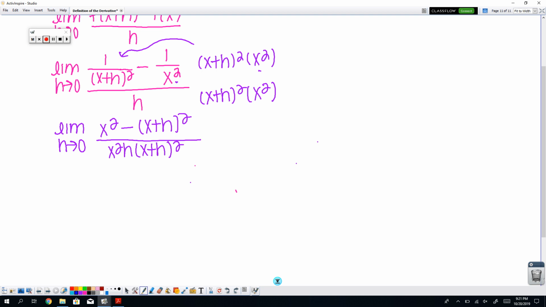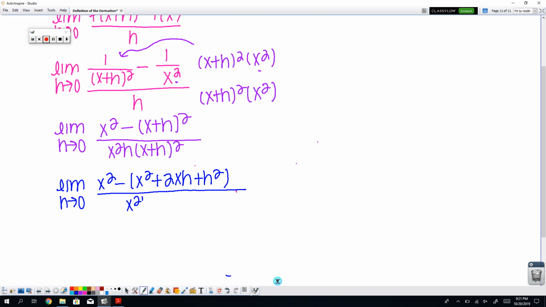So, what we have up top is the limit as h approaches 0 of x squared minus x squared plus 2xh. Oh, let me fix that. That's plus 2xh plus h squared, all over x squared h times x plus h squared.